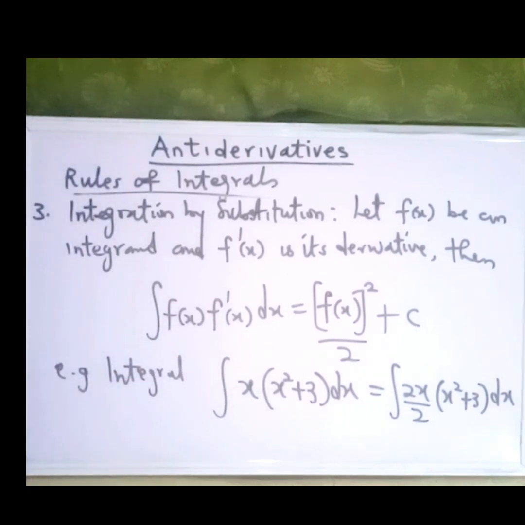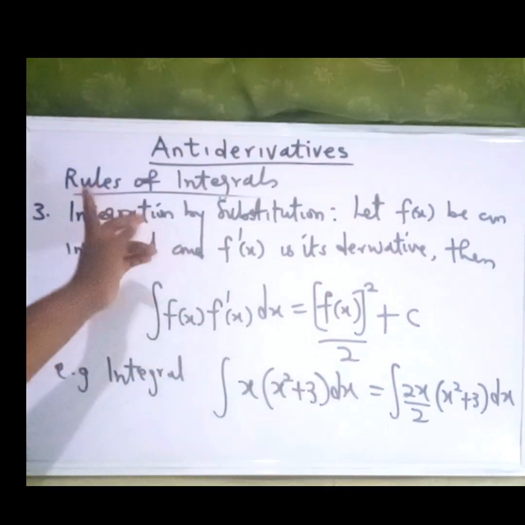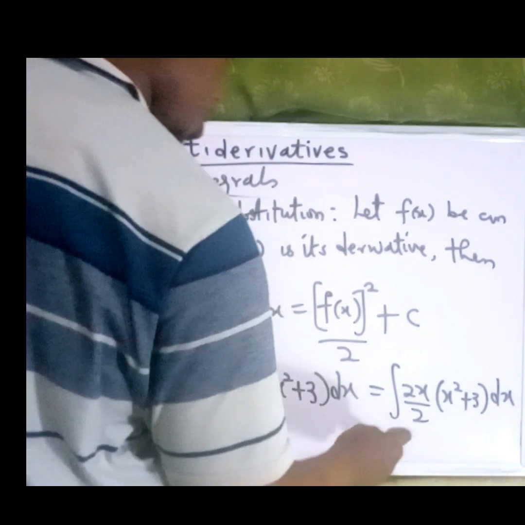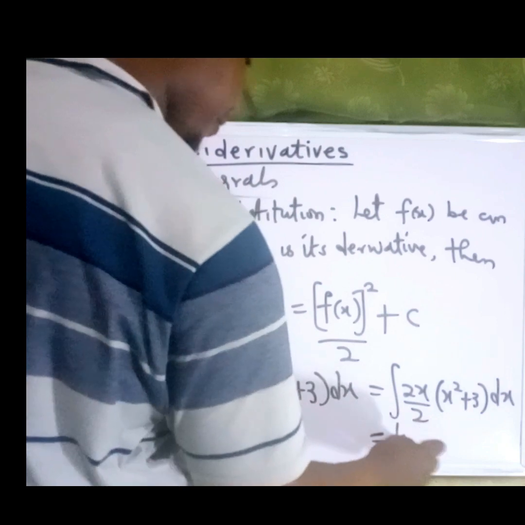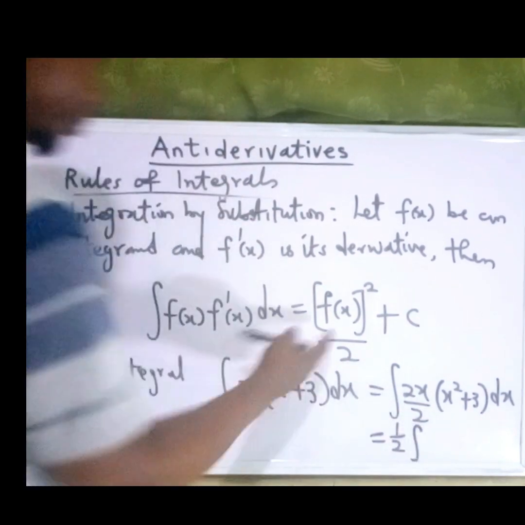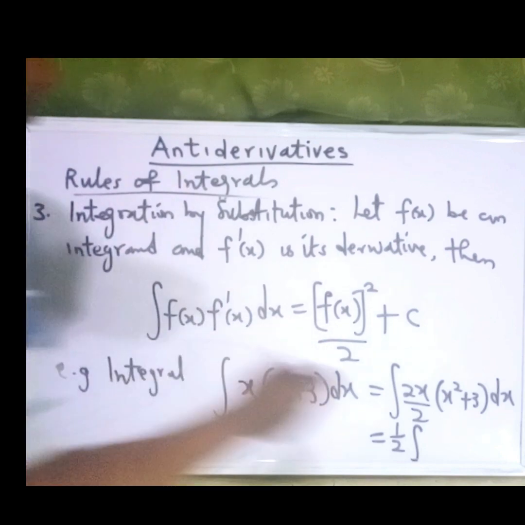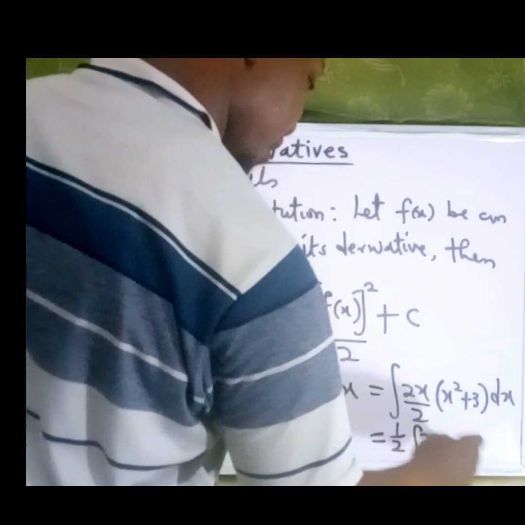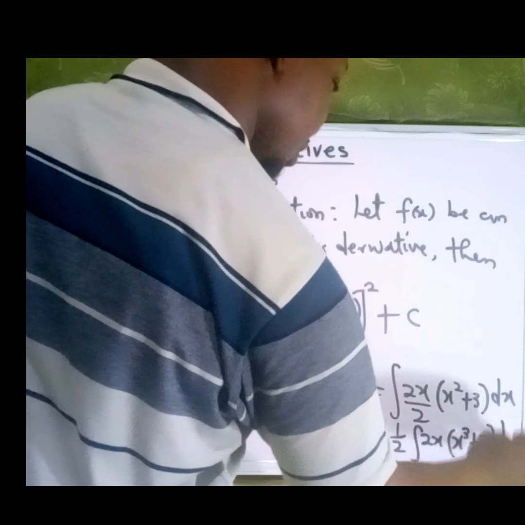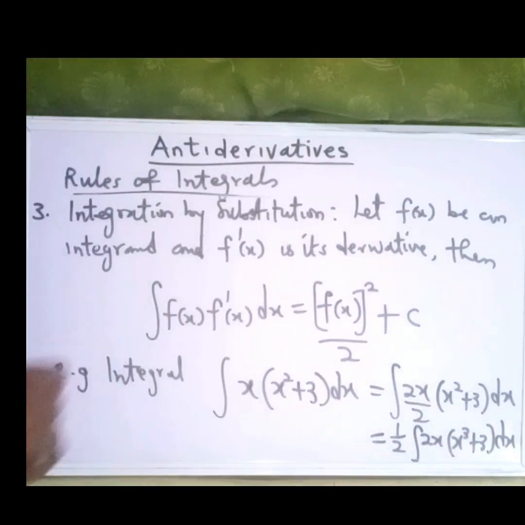So going by the previous, that's the condition 2 that we have. We can bring this half out in order to have this form. So this is 2x into x squared plus 3 dx.